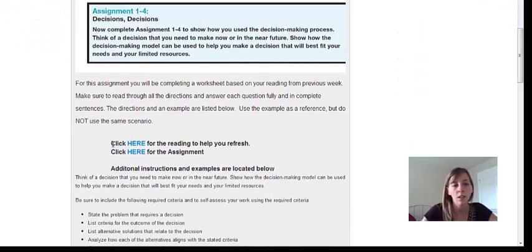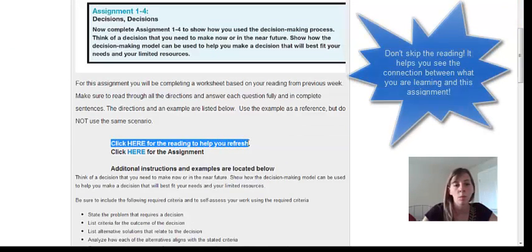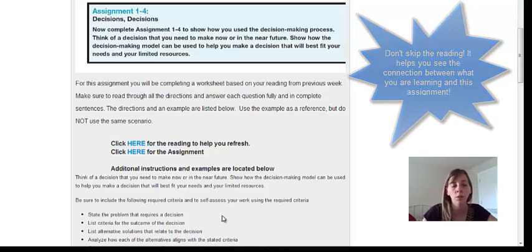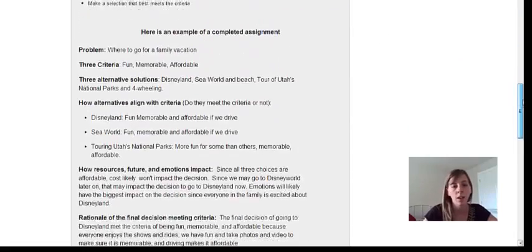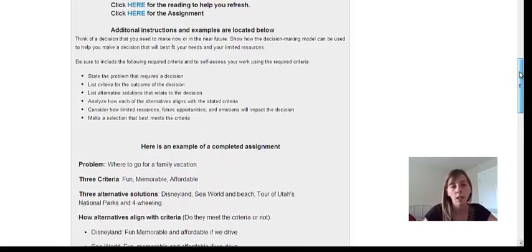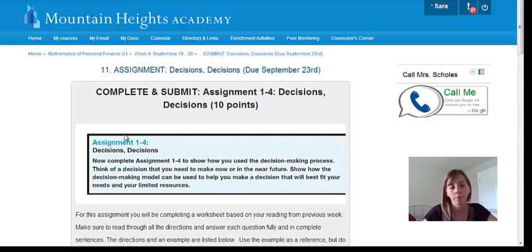There's a reading here to refresh your memory because this assignment is based on what we talked about last week. So just make sure you read through all the directions top to bottom and you should do just fine. Keep in mind that while this is an assignment that I want you to base on decisions you have to make in your own life, like real decisions, you don't actually have to make the decision that you're saying in this assignment.